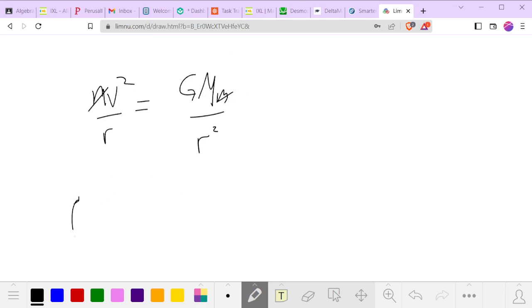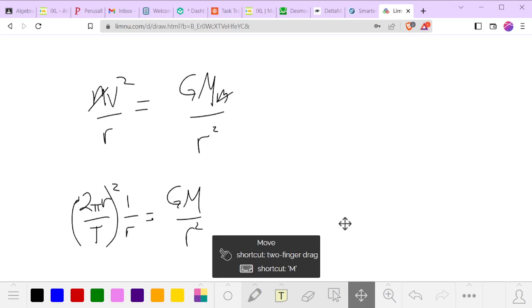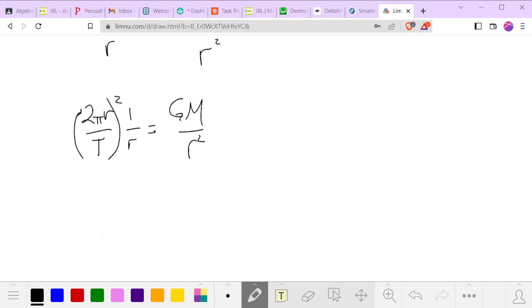And where v is 2 pi r over T, where that T is period, that'll be squared, GM over r squared. So then M is 4 pi squared r cubed over T squared, and we'll be dividing by G.